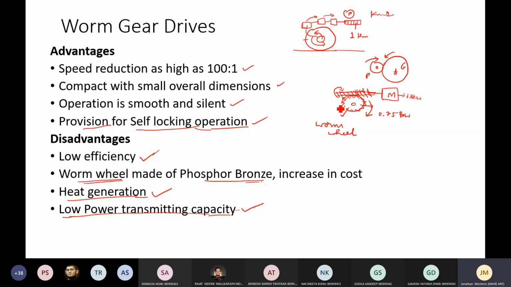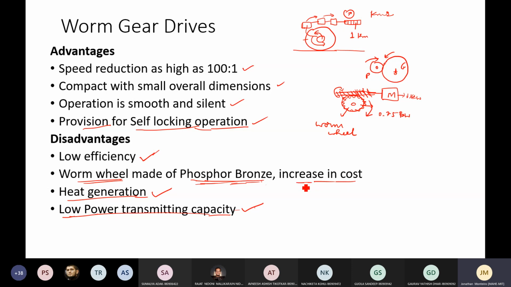Okay, looking from the material point of view, phosphor bronze is a costlier material than the worm material itself. Phosphor bronze is a special alloy, so that is why there is an increase in cost.